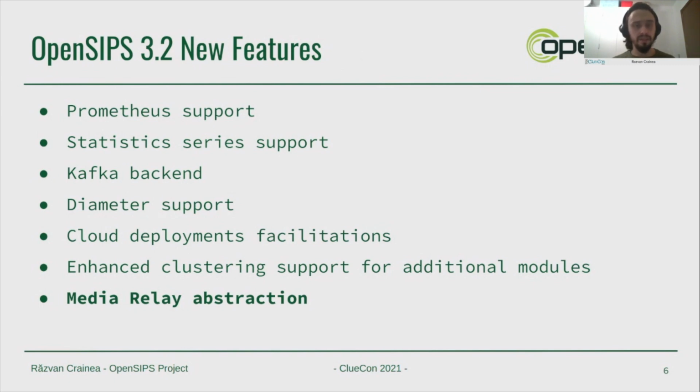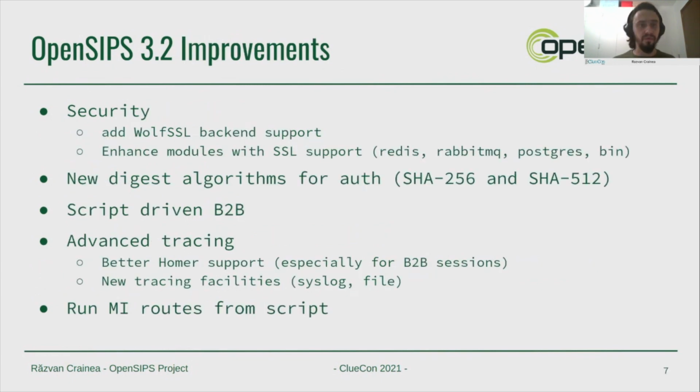So these are some of the new features that we've added in 3.2. We also have a few improvements. For example, we added some security enhancements. We were using OpenSSL for our TLS backend. Now we also added WolfSSL. We did that to fix some existing issues with OpenSSL without affecting performance.